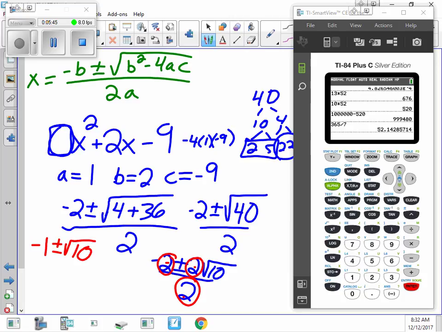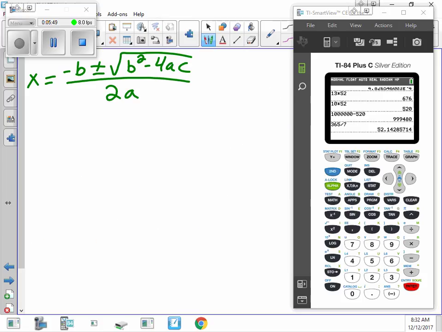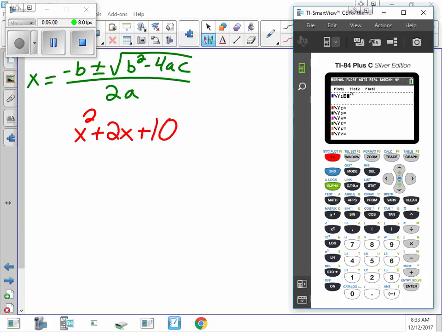All right? Okay. Well, what if the graph misses the x-axis? What if I had x squared plus 2x plus 10? If I were to graph that, that's probably overkill, but whatever. X squared plus 2x plus 10. You see that parabola up there?